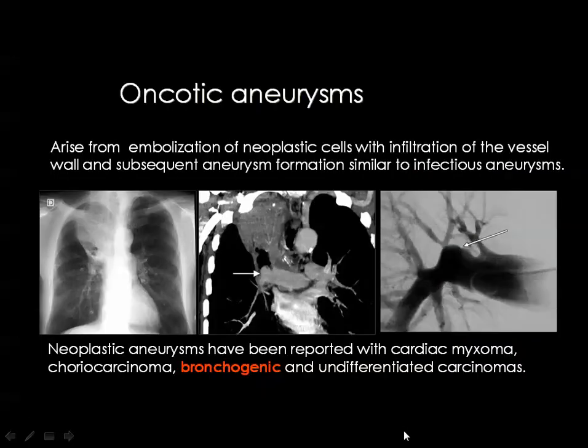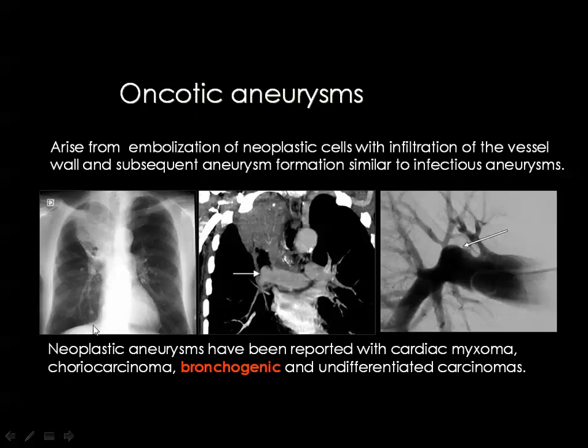Then oncotic aneurysms are those related to malignancies, and sometimes I don't actually have an example of an intracranial oncotic aneurysm, but this is a good example of a patient with a bronchogenic carcinoma that has affected the right pulmonary artery, weakened the wall of the artery, and the artery started to form a Forbes aneurysm here, which is known as oncotic aneurysm.